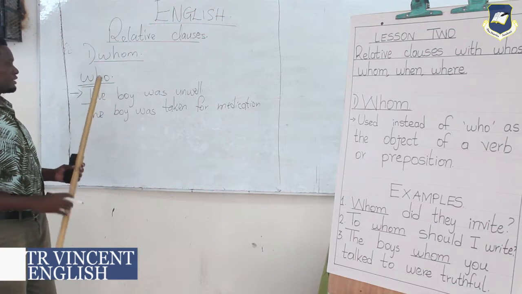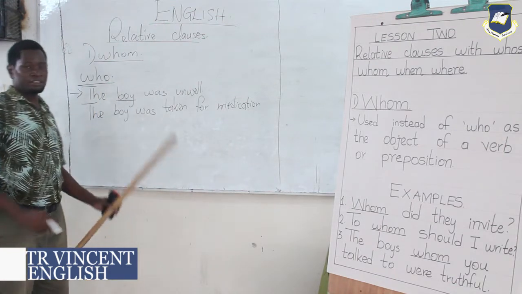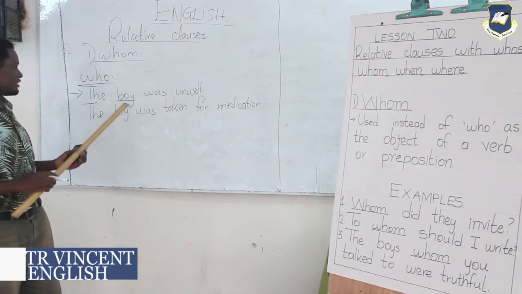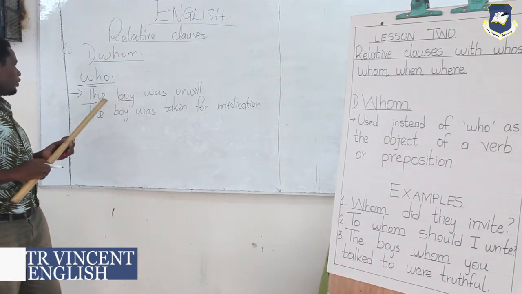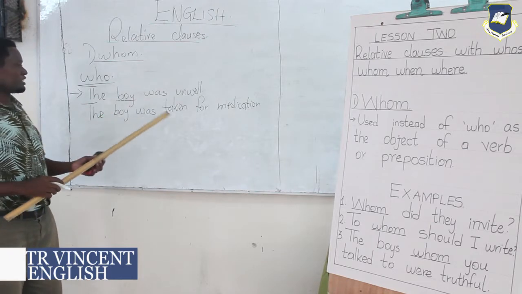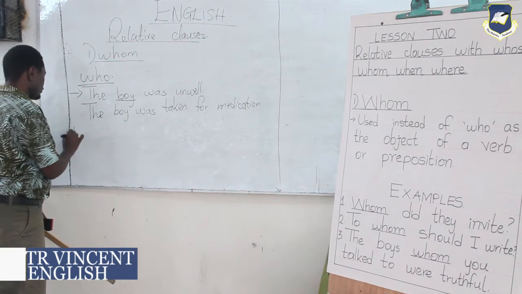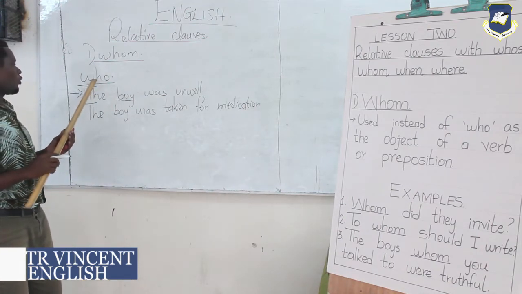So in this sentence, we are referring to the boy. In this case, the boy here is the subject of the sentence. This is the subject, the doer of the action. The boy was unwell. The boy was taken for medication. This sentence can be joined to make one sentence using the relative pronoun who.